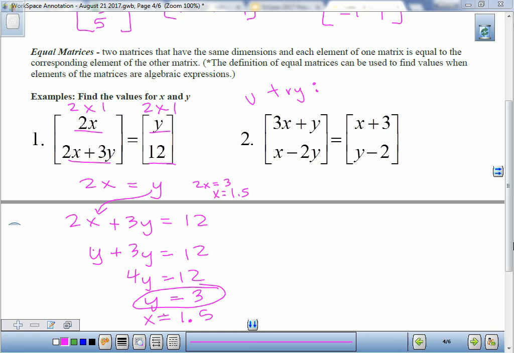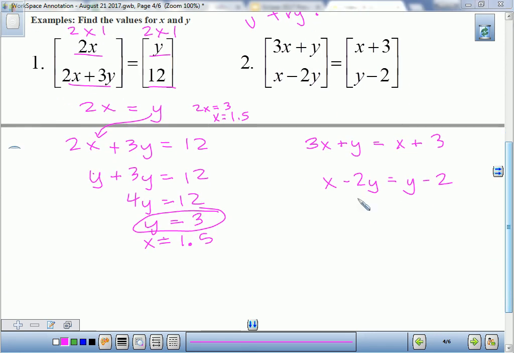Okay, so let's take a look at this where we should have started, which would have been by setting those corresponding elements equal. All right, and we could have approached this a couple different ways.